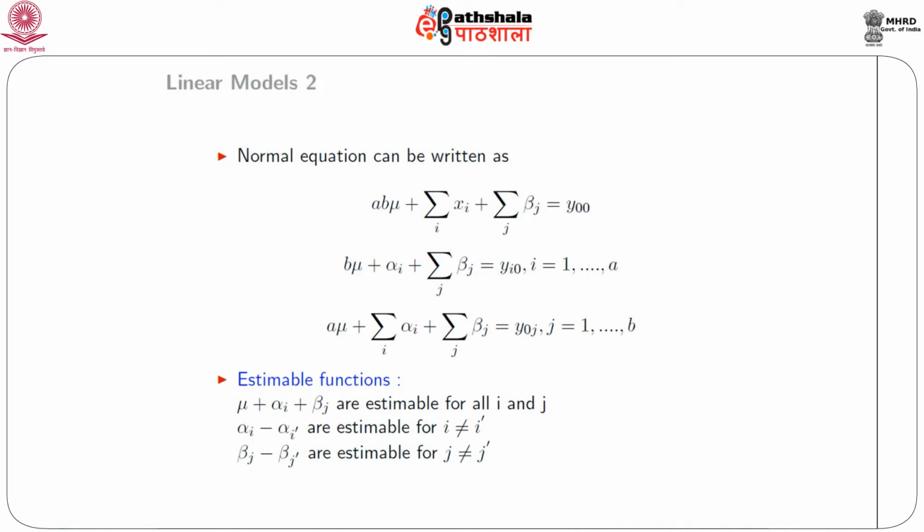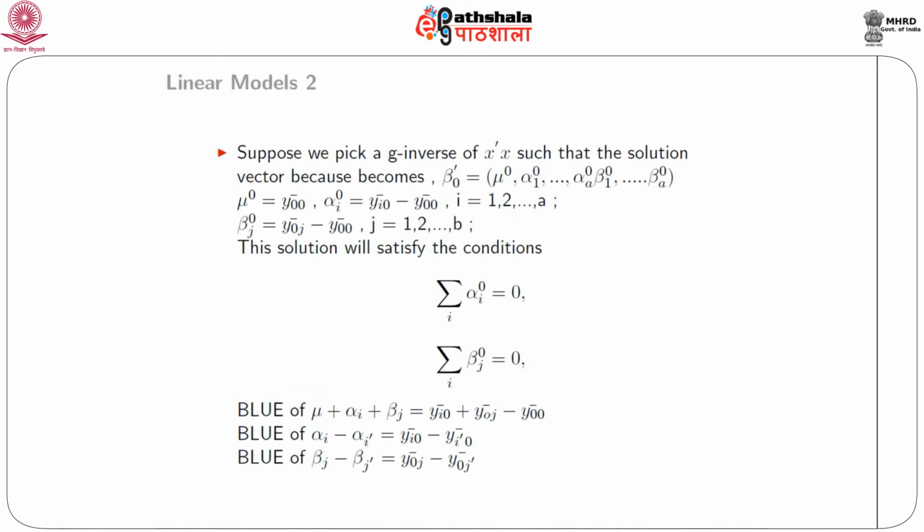Similarly, about the betas, beta j minus beta j prime are estimable if j is not equal to j prime, but actually it works even if j is equal to j prime. Now, suppose we pick a G inverse of X transpose X such that the solution vector beta naught transpose becomes equal to mu 0, alpha 1 0, etc.